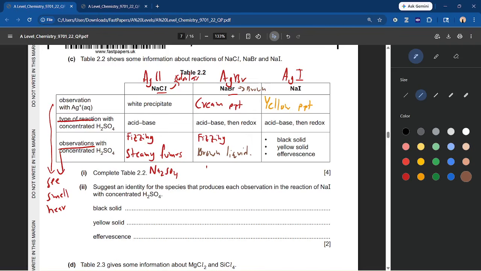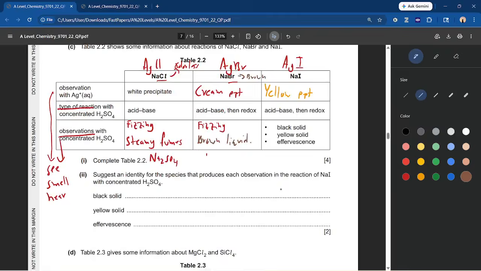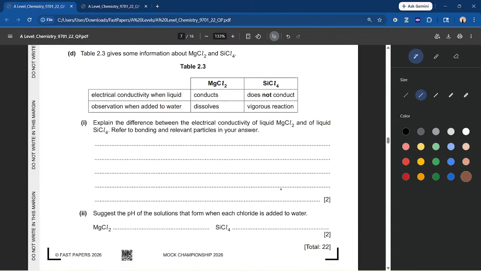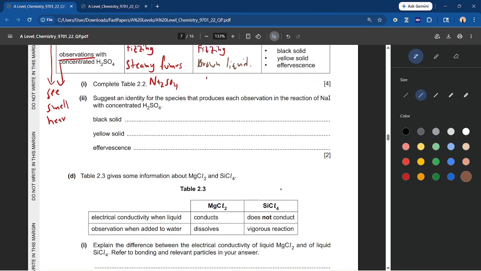Moving on: suggest an identity for the species that produces each observation in the reaction of sodium iodide with concentrated sulfuric acid. There are a lot of reactions happening whenever you react sodium iodide with sulfuric acid, so let's write them down. Sodium iodide plus H2SO4 gives you NaHSO4 plus hydrogen iodide.